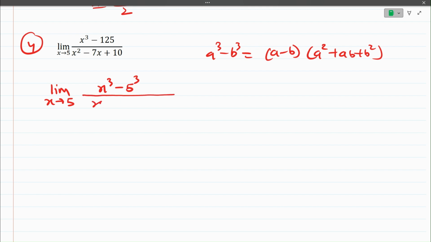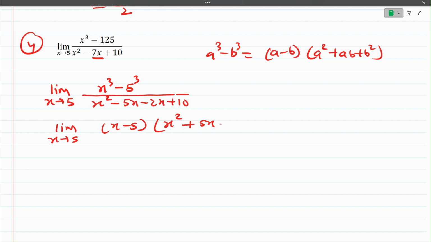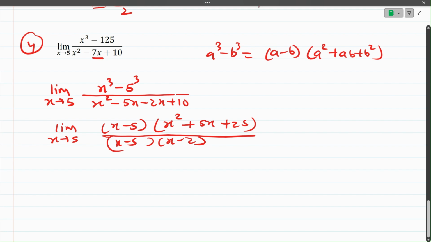And in the denominator, we'll split the middle term, and we'll write it as x squared minus 5x minus 2x plus 10. So it is x minus 5, x squared plus 5x plus 25 over x minus 5, x minus 2. We can cancel out both x minus 5.